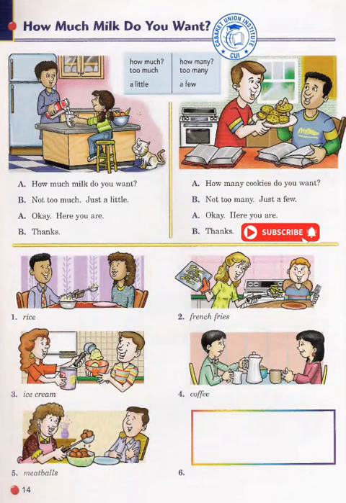Do exercise 1 based on the first model. You will hear the correct line after you speak. We'll begin. How much rice do you want? Not too much, just a little. Okay, here you are. Thanks.